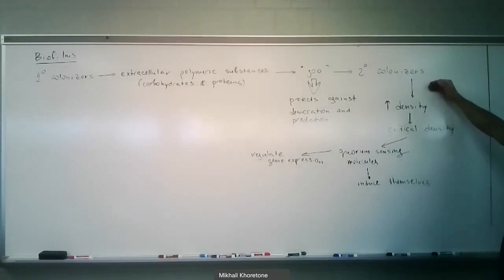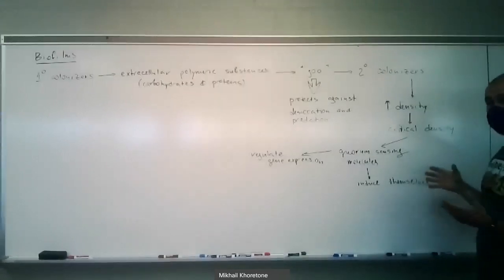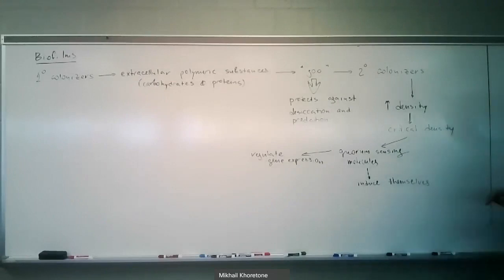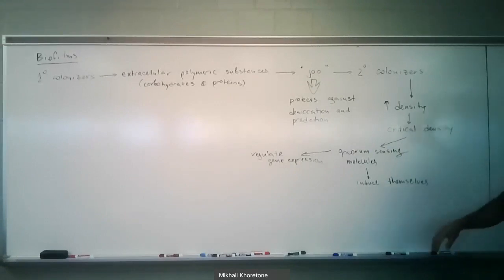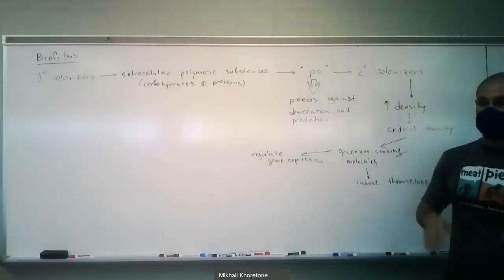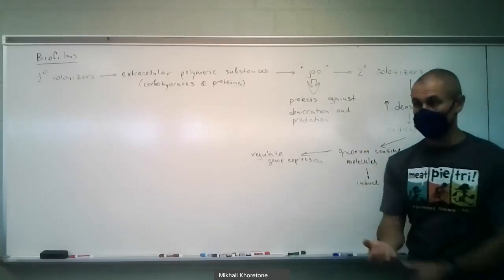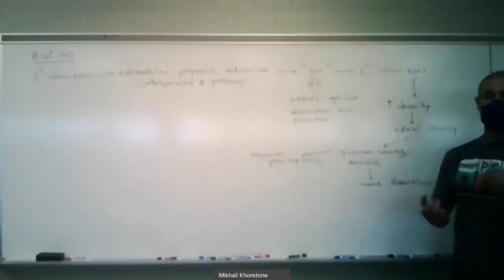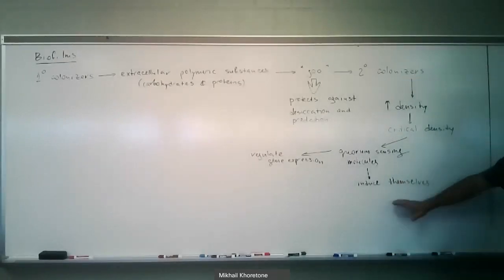Secondary colonizers lead to increased density in a biofilm. And when density reaches the critical density, microbes start to produce quorum-sensing molecules. What they do is start regulating gene expression in the colony. It may alter metabolic processes. It may start producing virulence factors, immune evasion. They also induce themselves.